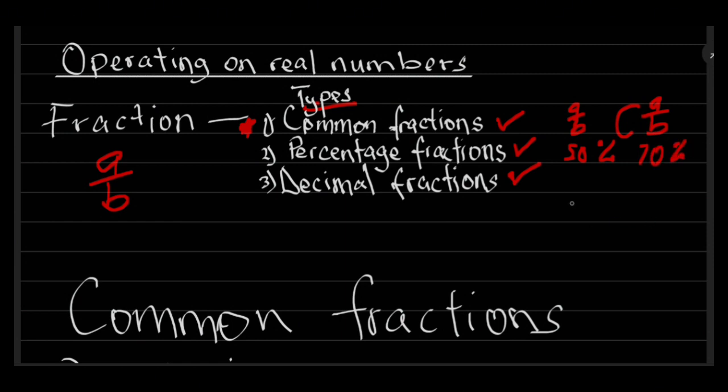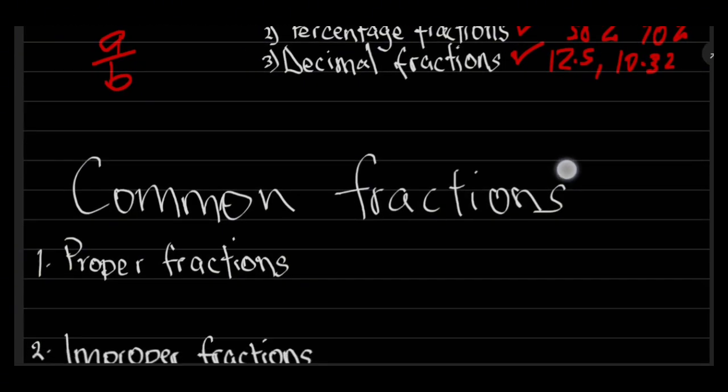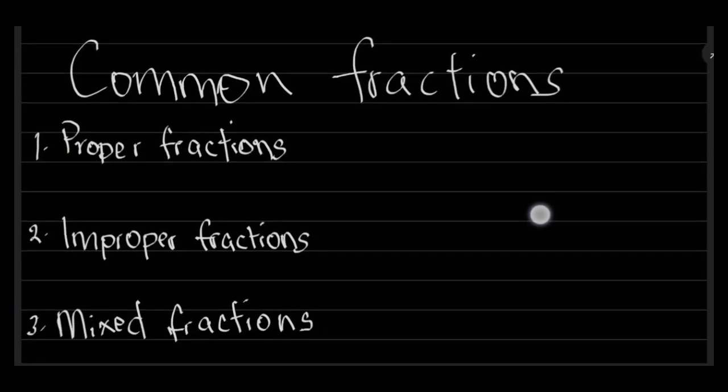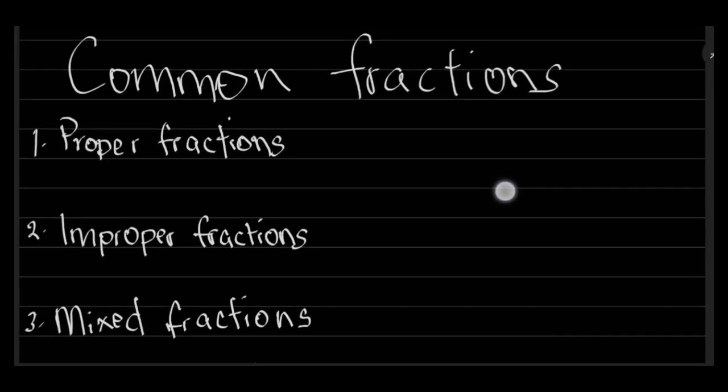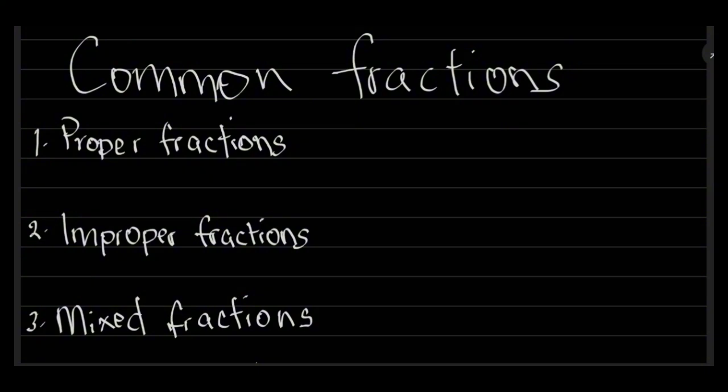And then we have decimal fractions that come as 12.5, 10.32, so on and so forth. Like I said, we are moving on to focus on common fractions. Now when we say common fractions, there are 3 types of common fractions, or let's say more. There could even be 6 types of common fractions. We have what we call proper fractions.